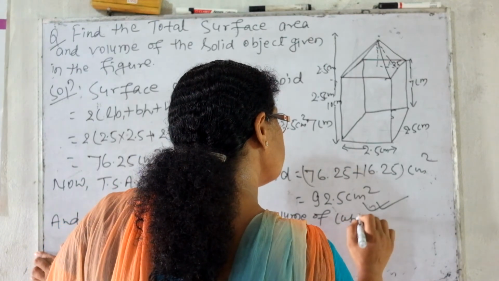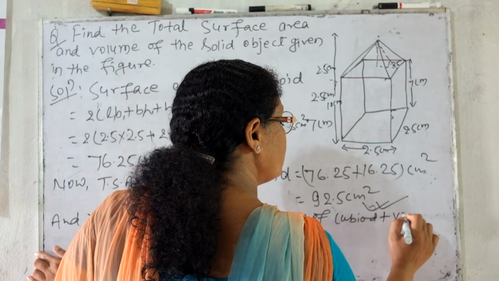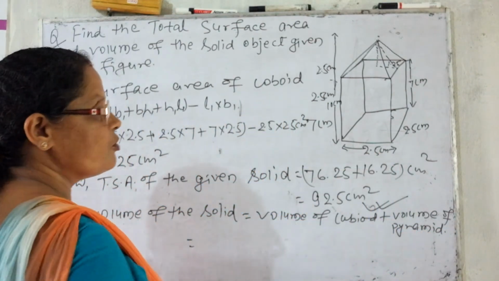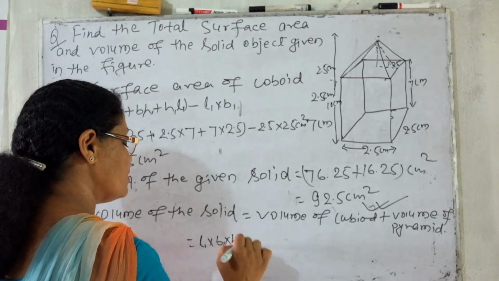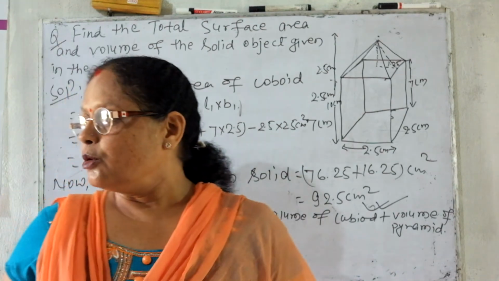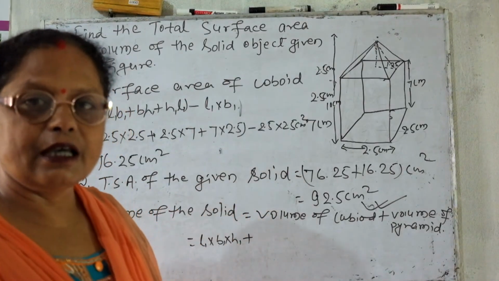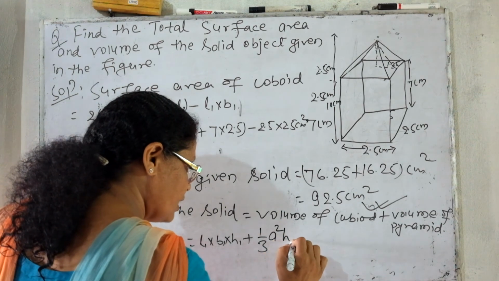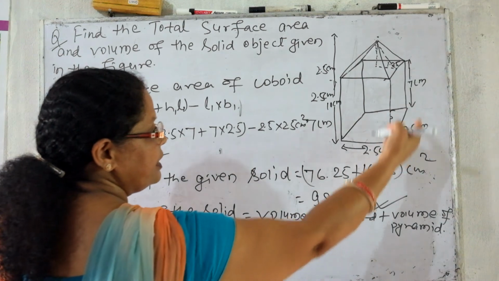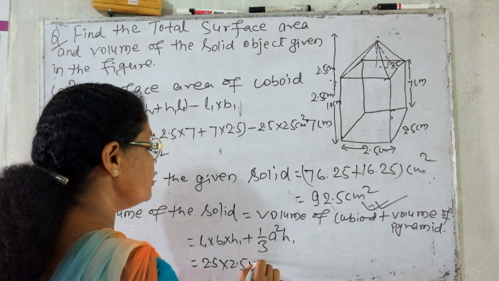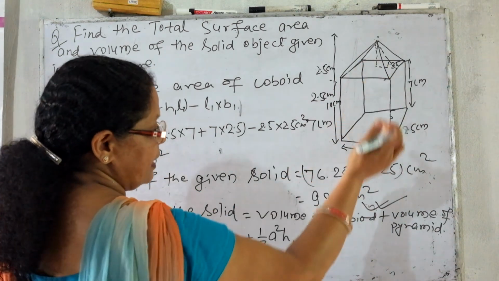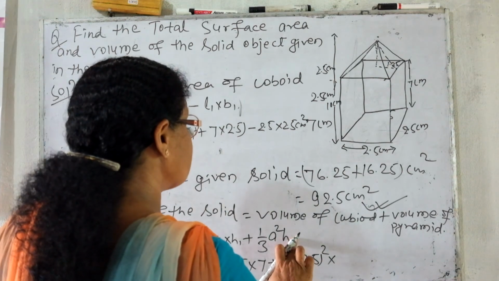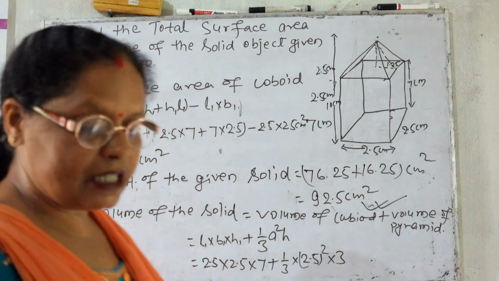Volume of the cuboid will be L1 into B1 into H1, and plus volume of the pyramid, which equals 1/3 A square into H. That means 2.5 into 2.5 into 7 plus 1/3 into 2.5 whole square into 3.